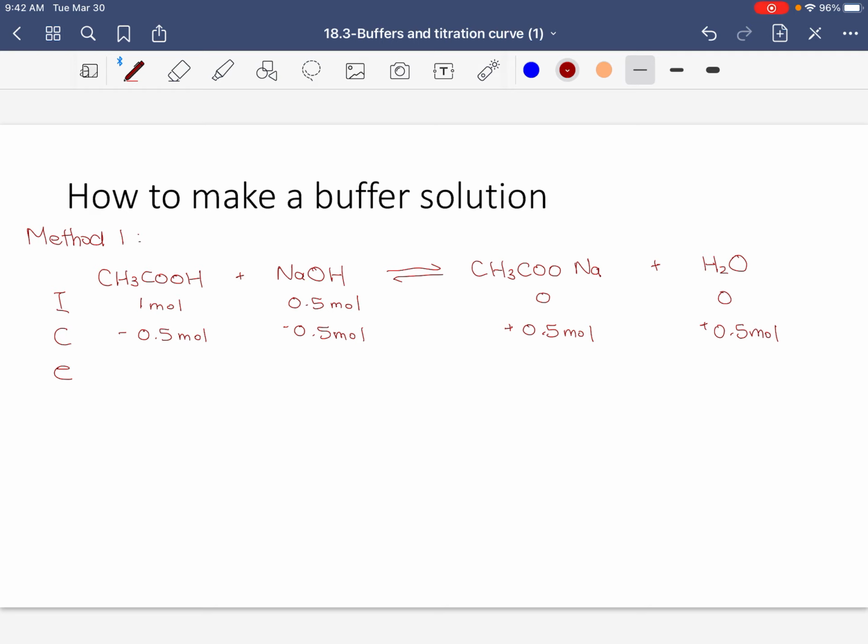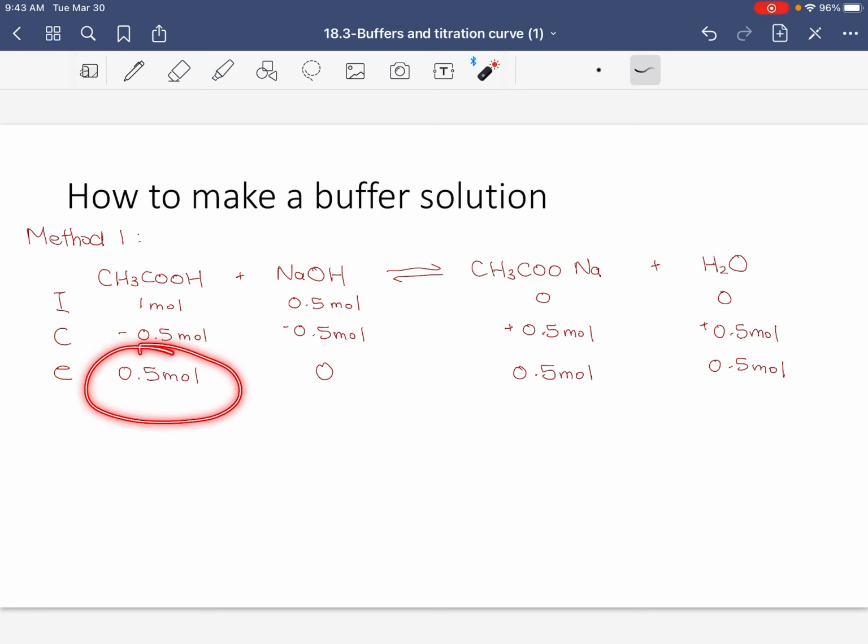So as a result, you get half a mole of acetic acid. You use all of this up, and you have half a mole of acetate. Remember, this guy dissociates. And of course, you have half a mole of water. There you go. You made your buffer. There's your buffer solution.